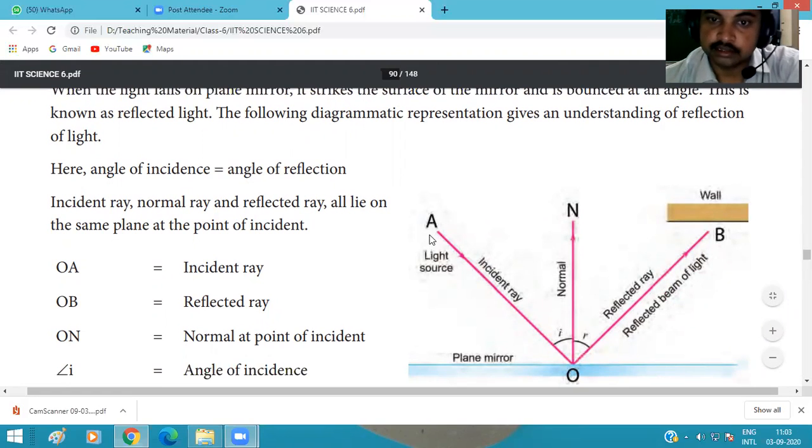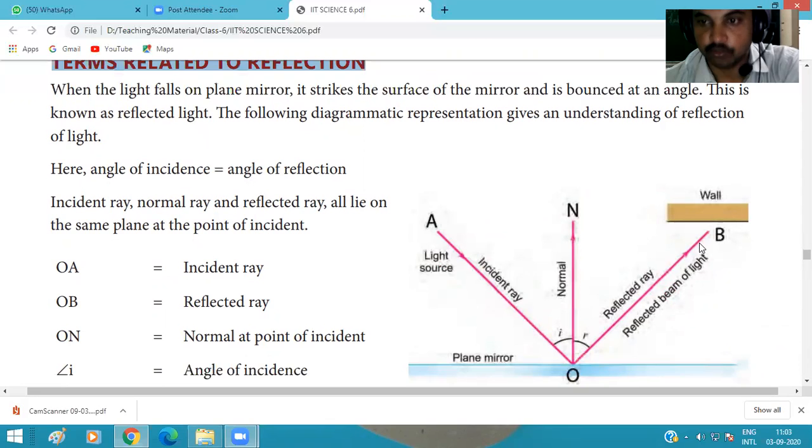The ray which is incident at a particular point is called the incident ray, and the ray that reflects from the same point is the reflected ray. This is the incident ray, and after bouncing back it is called the reflected ray.